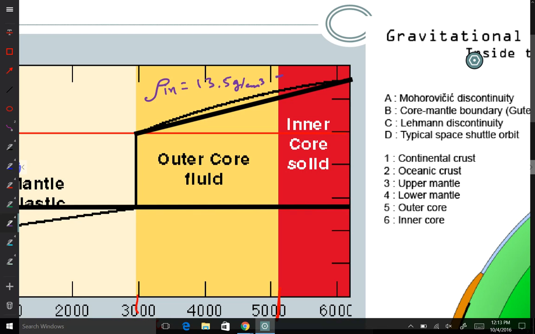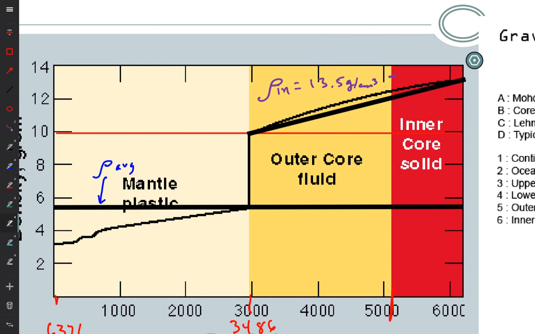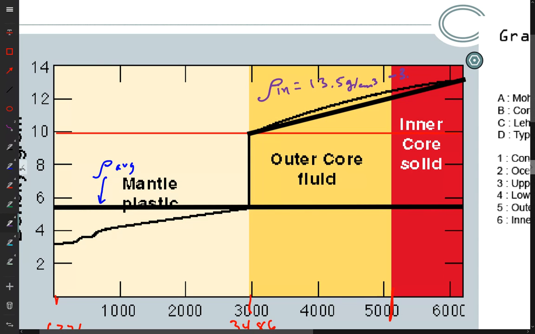And then minus, because it's decreasing, and I just have to find the slope of that line. So it's going to be a difference of going down to about 9.9 from 13, let's say 13.5 to 9.9. That's a change of 3.6, divided by the distance, which is 3,486 kilometers, and then times the radius.